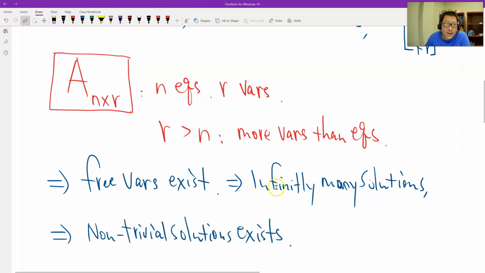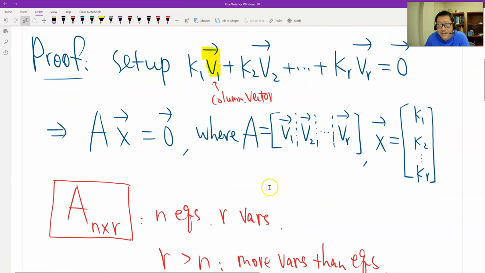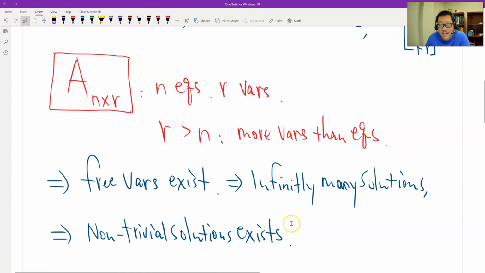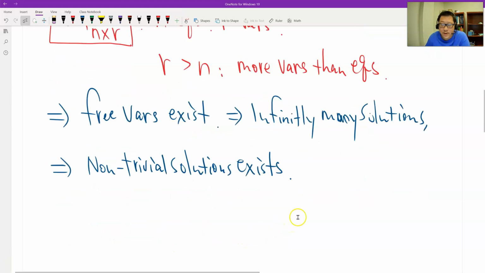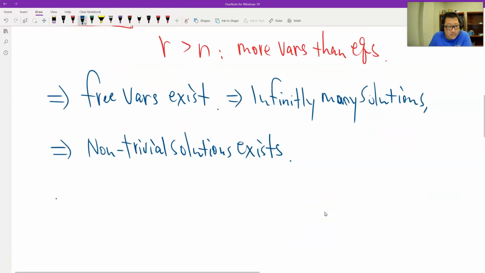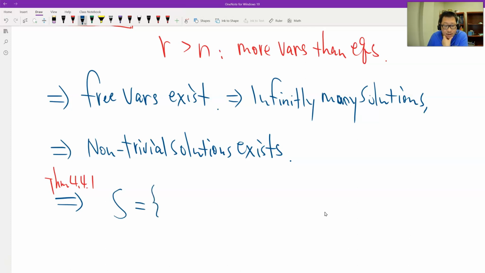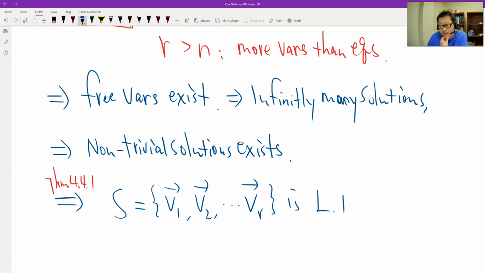We set up a linear system and find that a non-trivial solution exists, so by the theorem we just learned, the set of vectors is linearly dependent. Okay, that's the result. Thank you.